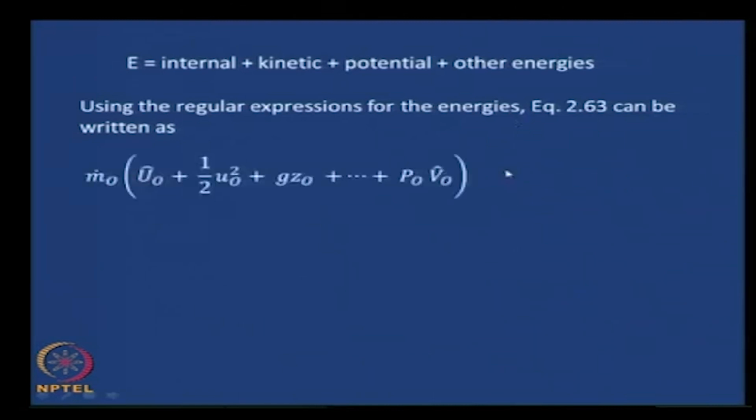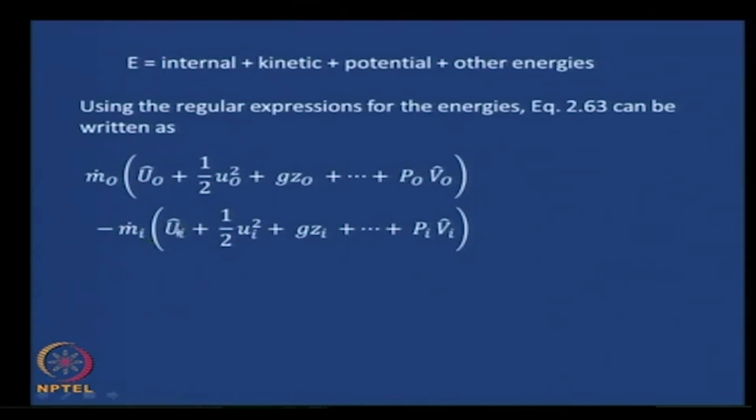This equation 263 can be written as, it is reasonably general here, m_O dot times internal energy plus kinetic energy, which is half u_O squared, m_O dot, that is a rate here, that is why you have a dot here, plus the potential energy term g z_O m_O dot, plus whatever terms that you want to put in for the other energies, plus the PV work m_O dot P_O V_O hat, this is for the outlet stream, minus m_I dot U_I hat, specific internal energy, multiplying it by the mass flow rate here.